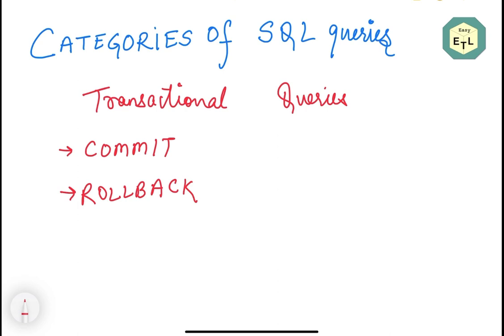So it's actually a transactional unit of work that we want to do. We want to have that in just one unit. If any part of that unit fails, we do not want it to commit, or we do not want it to save.